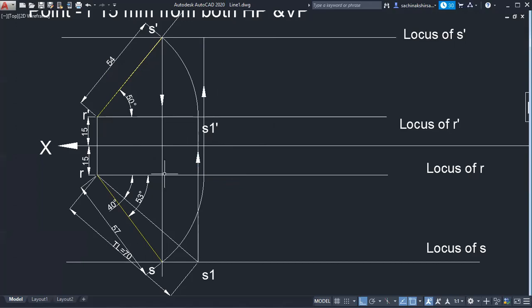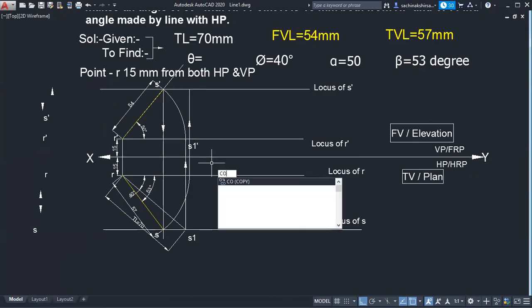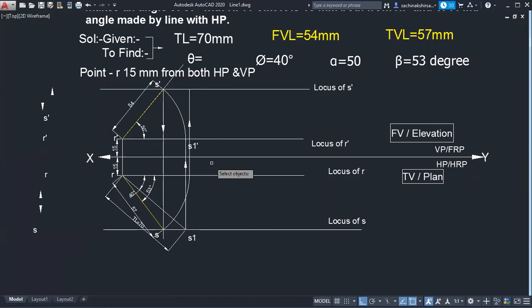So I will name this point S1 dash. Then we have to join R dash and S1 dash.